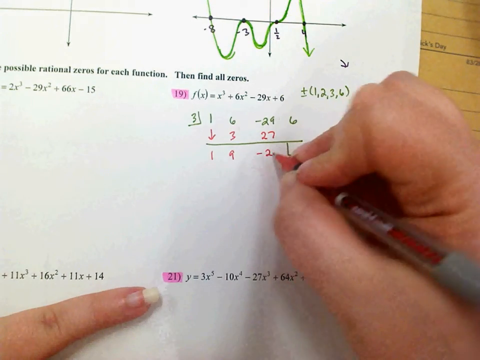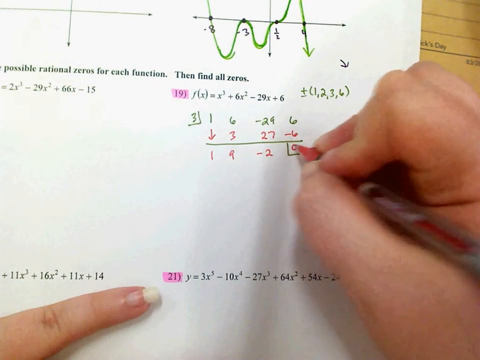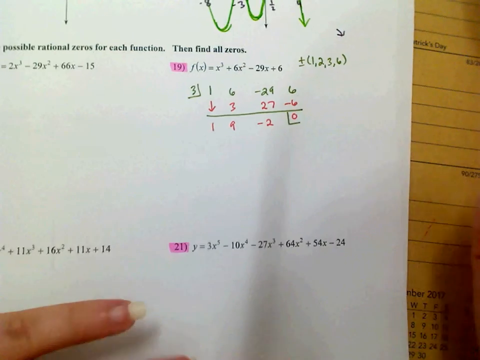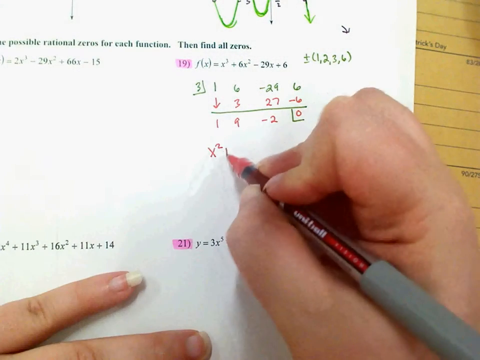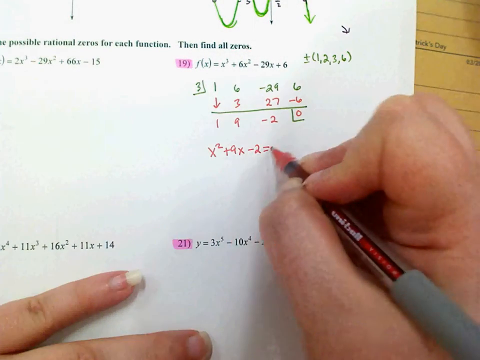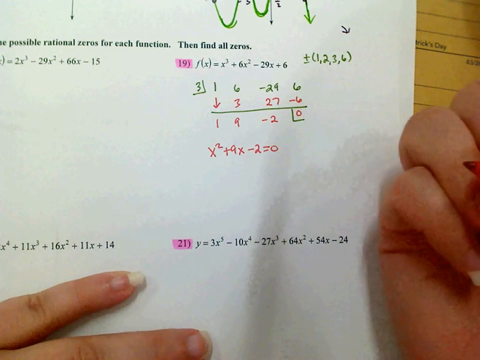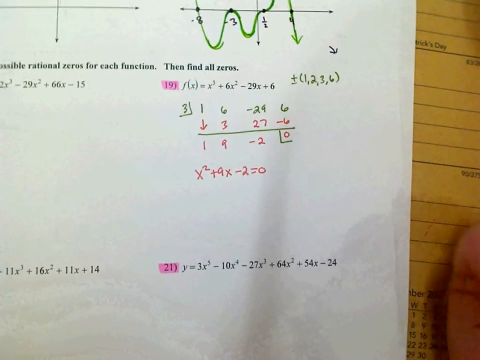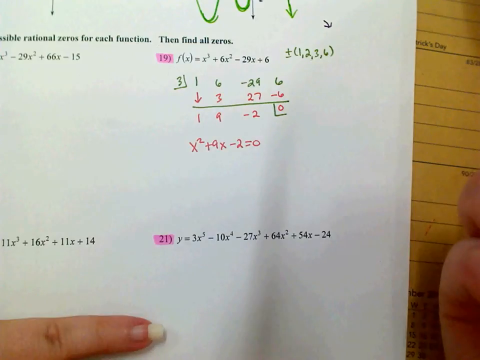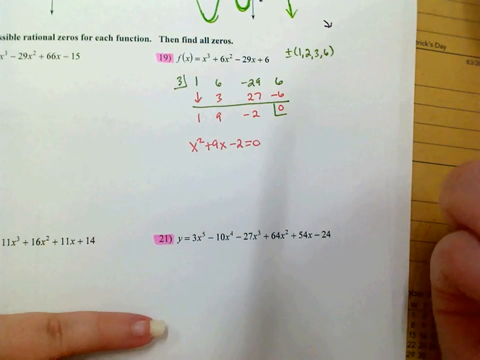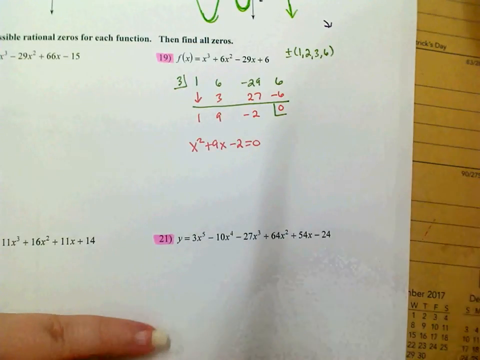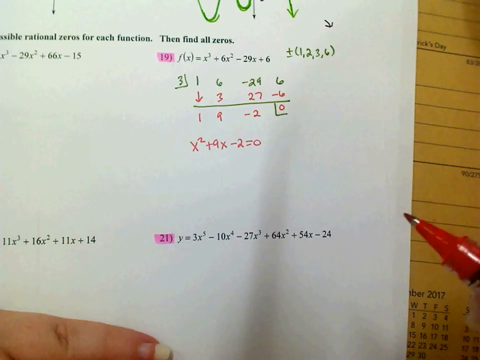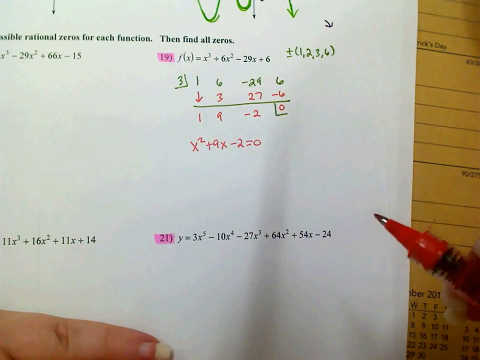Alright, so now I'm left with x squared plus 9x minus 2 equals 0, and I need to solve for the remaining roots. I know they're not imaginary, they're just irrational. It doesn't factor, there aren't factors of negative 2 that add up to 9, so I either need to complete the square or do the quadratic formula, and because that's not even, the simplest way is to go ahead and do the quadratic formula.